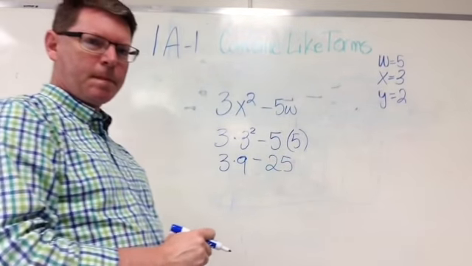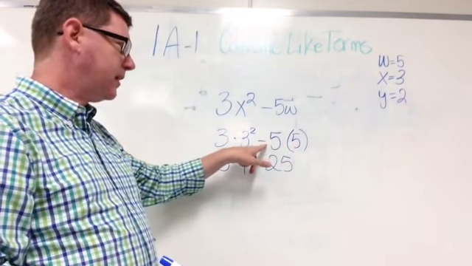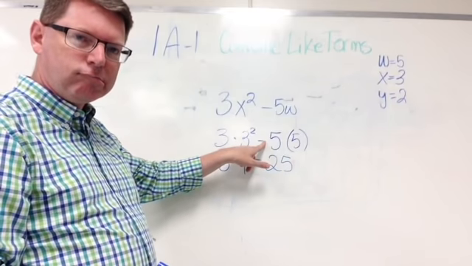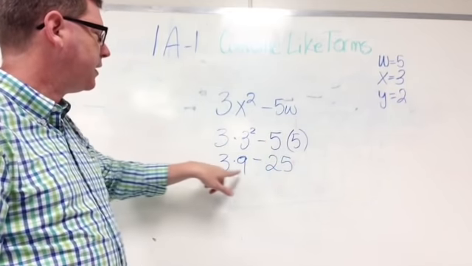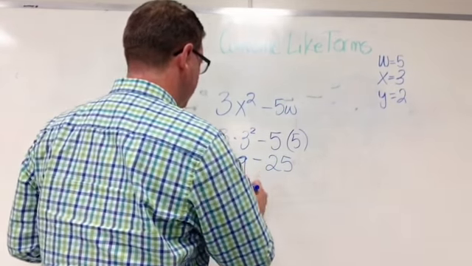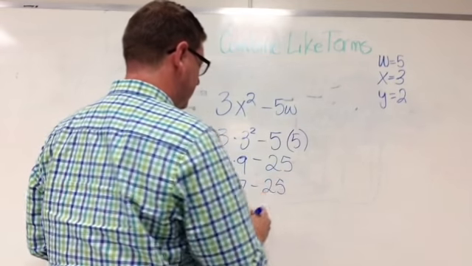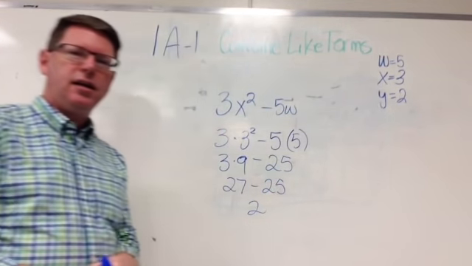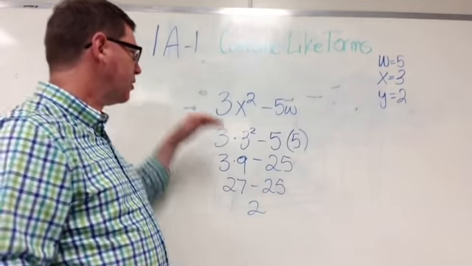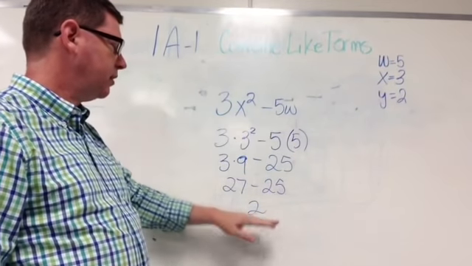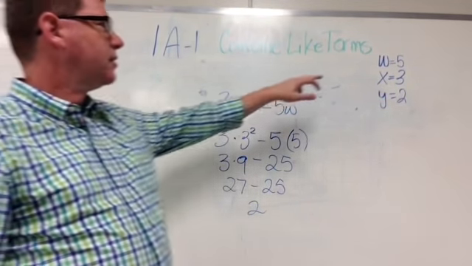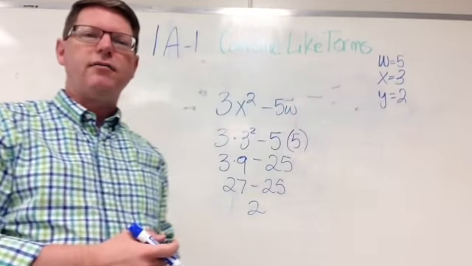Okay? The reason I could multiply right here is because I got that minus there. Right? And now, 3 times 9 is 27 minus 25. And it's 2. So 3x squared minus 5w equals 2 when x equals 3 and w equals 5.